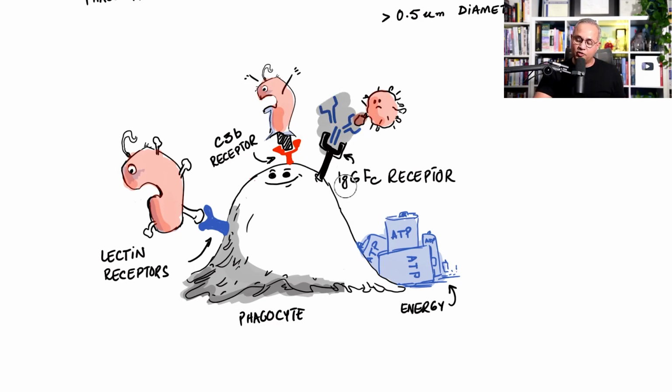So here there is an antibody. That antibody binds to the IgG Fc gamma receptor, and the pathogen and antibody complex will be taken in. Here there is another pathogen that has been coated by the complement protein, which is another set of proteins for the acute infection released by the liver.